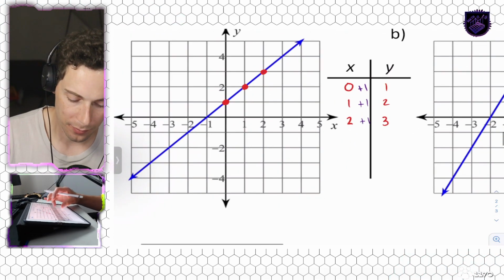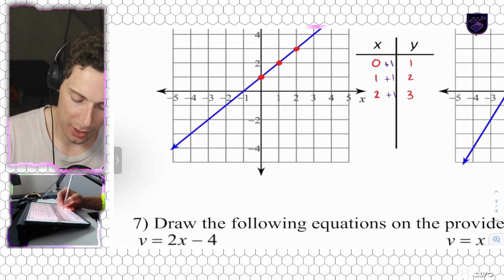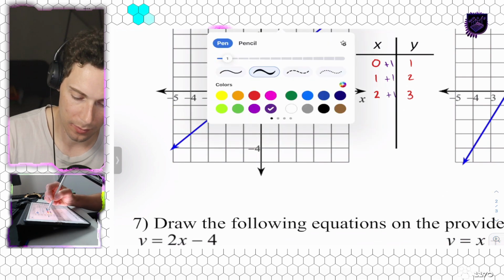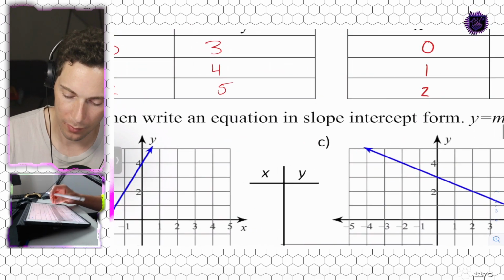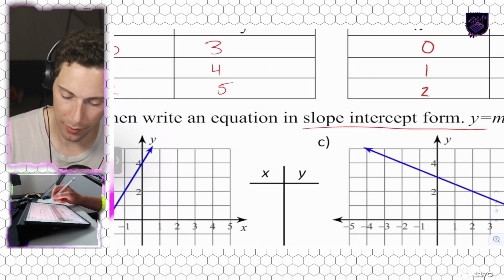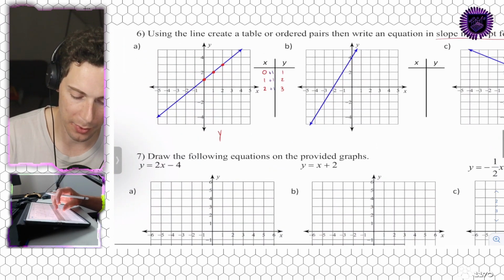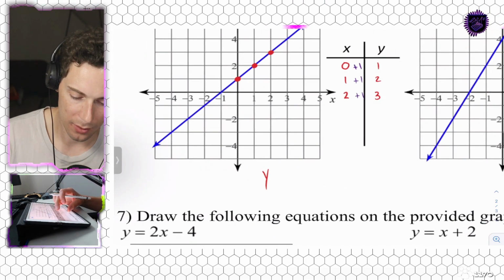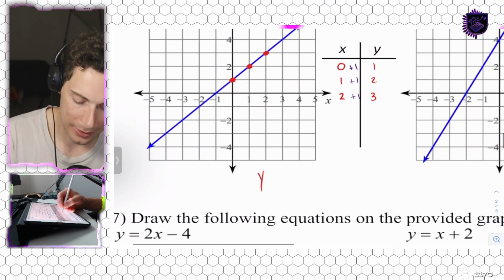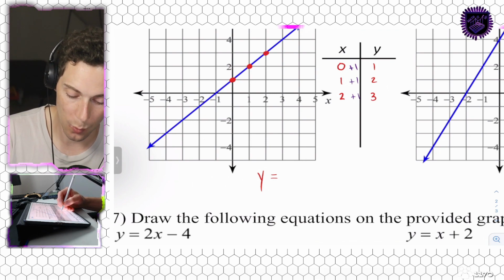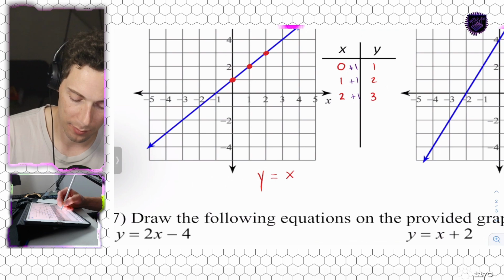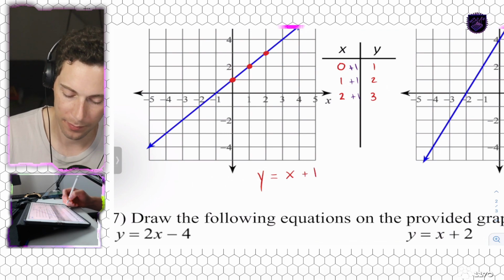And my formula is going to be y, right? I want to write it in slope-intercept form, which is y equals mx plus b. And it's going to be y is equal to something times x, which in this case is 1 times x, x plus 1.